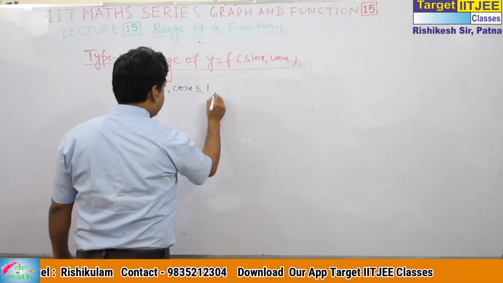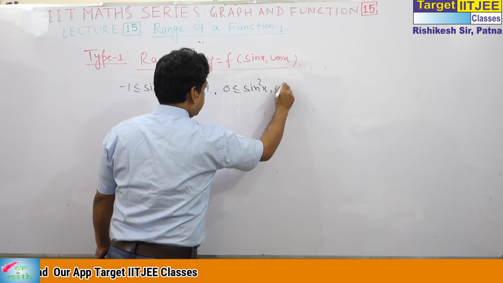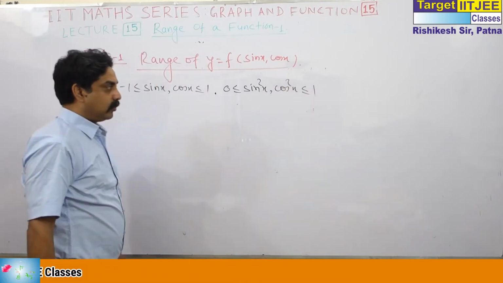What is the value of sin square x and cos square x? 0 to 1. Use the fact.